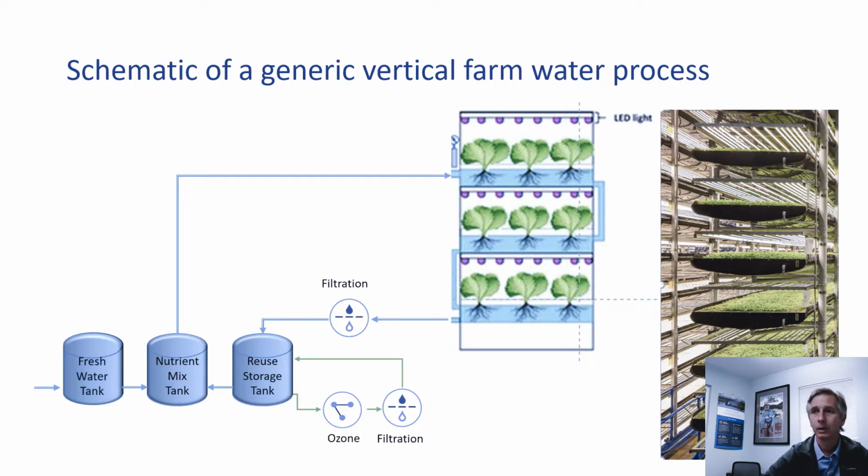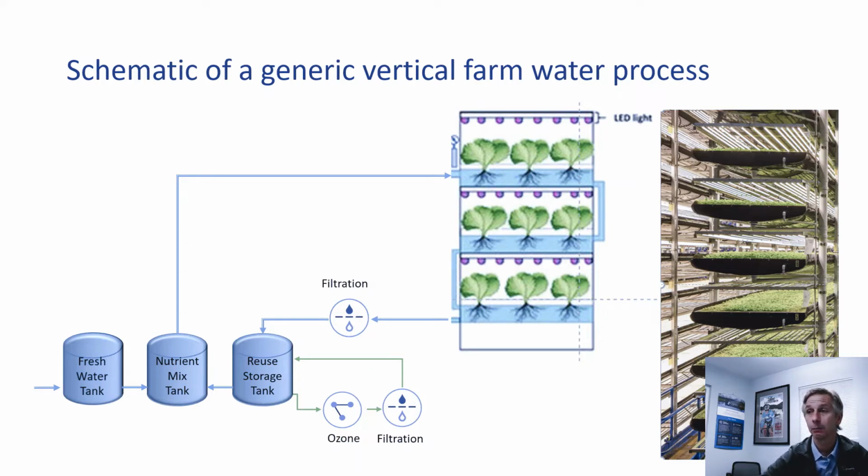From the nutrient mix, the water moves up to the leafy greens that are grown in these vertical stacks of trays, and the water cascades through and exposes the roots of the leafy greens to the proper nutrients for growth.